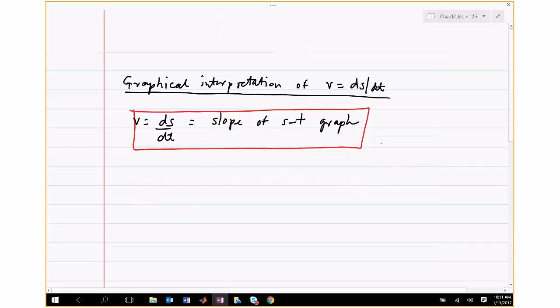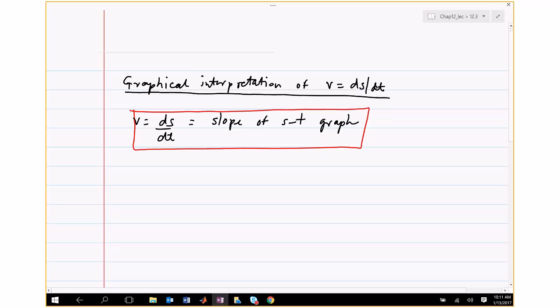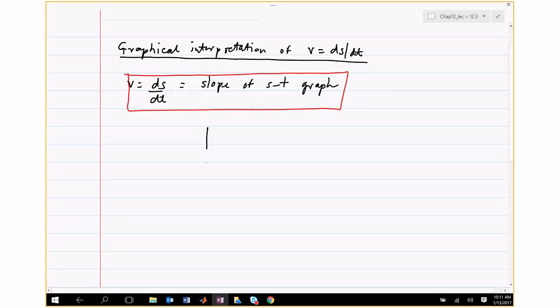Okay, let's try to interpret that. So this is very similar to the previous plot, except that now we are looking at the position time graph. So if that's a curve, then let me draw a different one so that you're not confused. So let's say it's like this.